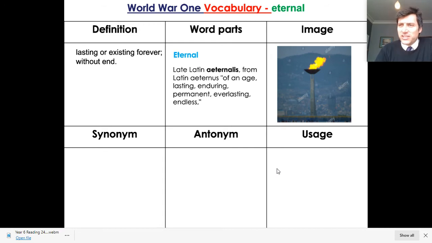I was trying to think of an image for eternal, and obviously it's quite tricky. I couldn't pick an old person because they're not going to live forever and ever unless they're a magical one that's got immortality. This is the Olympic flame. The modern Olympics started in 1896. There's a flame in Greece which is supposed to be going forever.